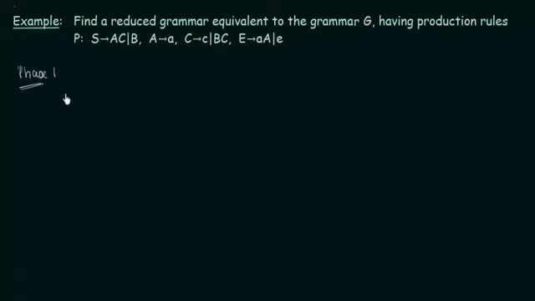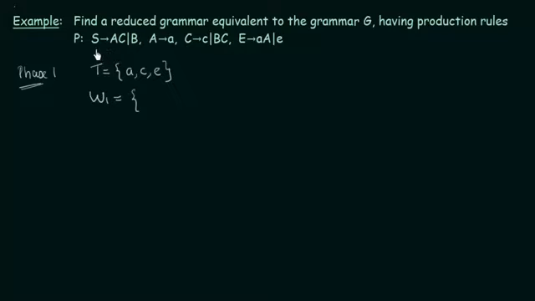In phase number 1, we first have to find out what our terminal symbols are. As I already mentioned, our terminal symbols are small a, small c and small e. Now we have to make a set W1 in which I will include all the symbols that can derive the terminal symbols. Let's see.